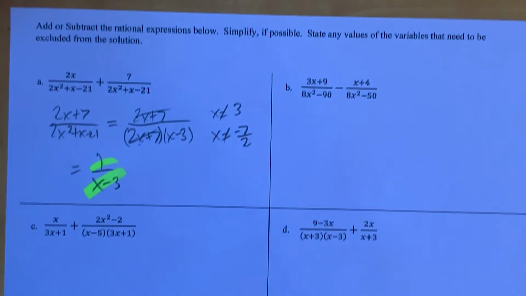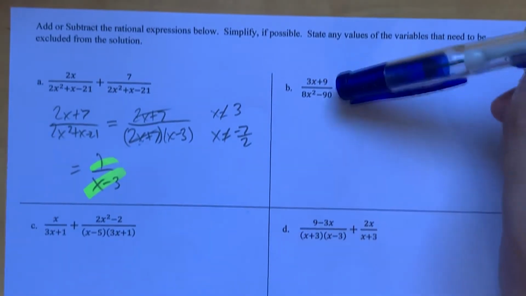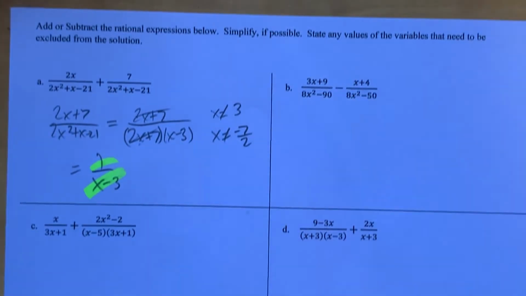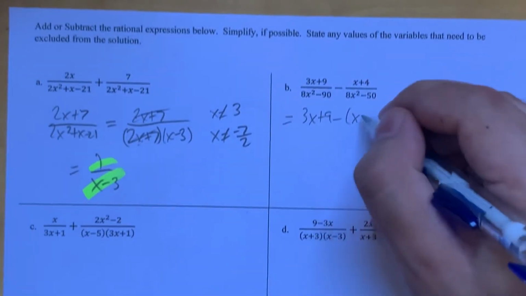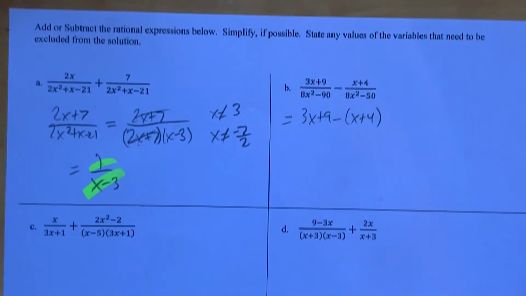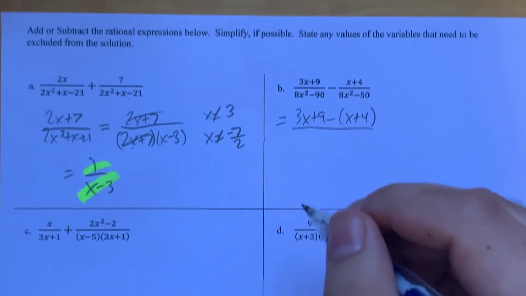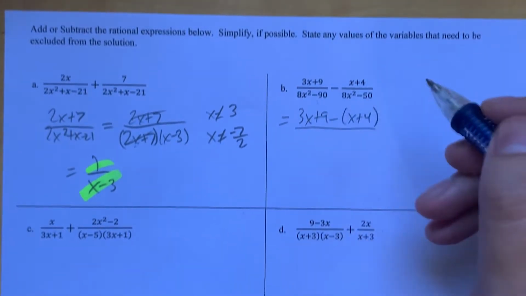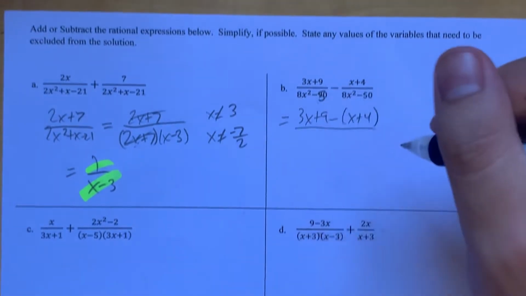All right, so now, with negatives, you have to be very, very careful. You guys like to subtract the x, but add the 4. You have to subtract the 4 too. So we're going to get 3x plus 9 minus, put parentheses around the x plus 4 so you know that the negative needs to be distributed. Divided by, it shouldn't be minus 90, it should be minus 50. My bad, they're both the same. Minus 50.